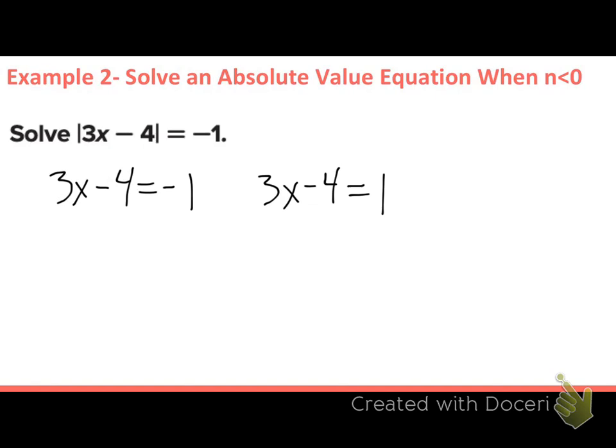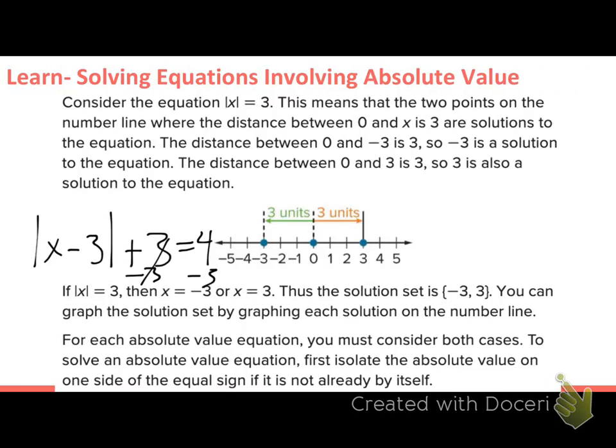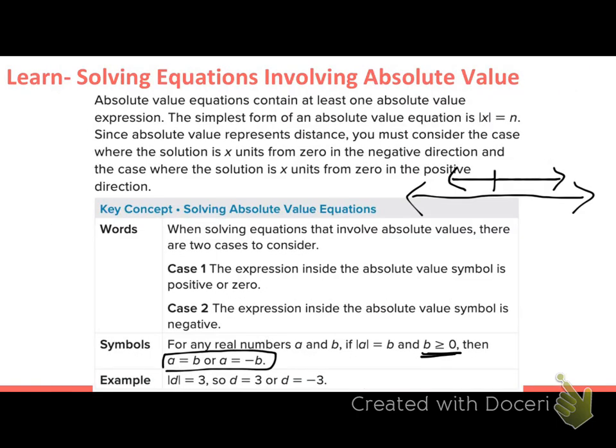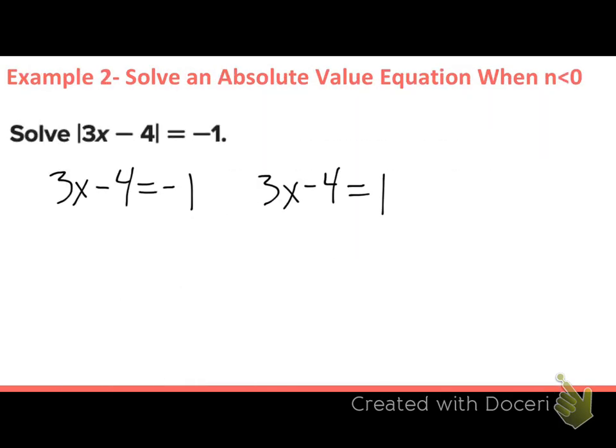Is my b value greater than or equal to 0? No. So, can I set up my two equations? No, because b is not greater than or equal to 0. Any ideas what it is?